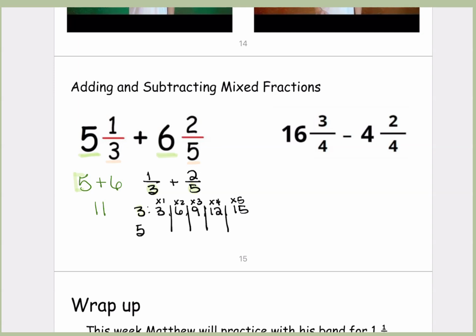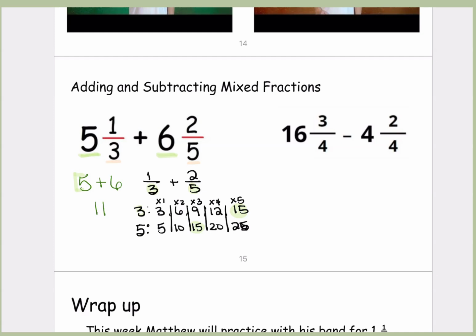And then I'm going to write my multiples for 5. 5, 10, 15, 20, 25. Now what multiple do they have in common? That answer is 15, and that is the smallest multiple that they have in common.